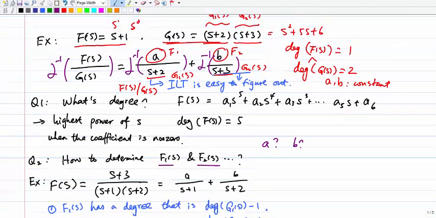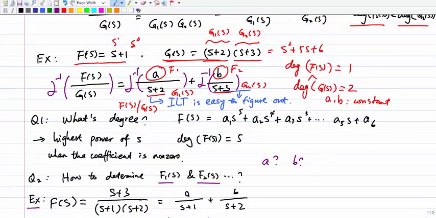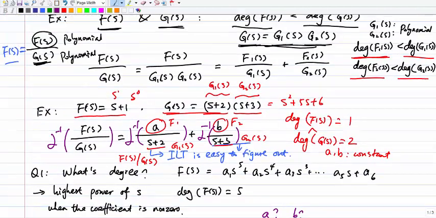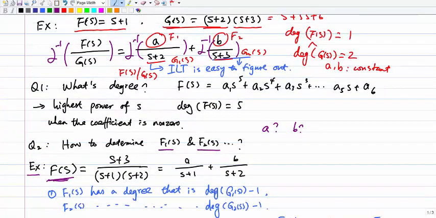In the previous example, let's talk about an example over here. Let's say I have F(s), and I want to find the inverse Laplace transform, which is given by (s + 2) divided by (s + 1)(s + 3). According to the partial fraction expansion or decomposition, I can write the denominator as (s + 1)(s + 2), where this is G(s), G1(s), G2(s).